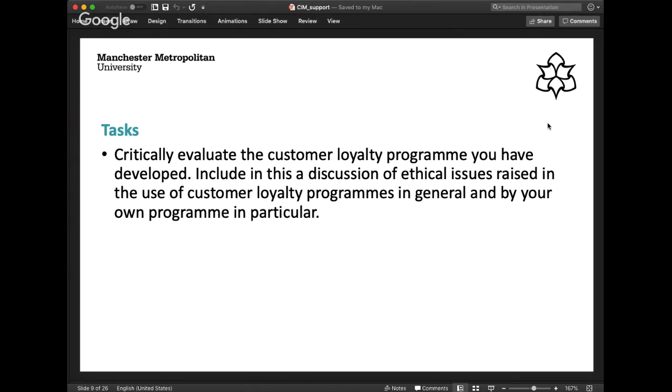You've then got 25% of your marks going to an explanation of the program on its customers and the paid promotion and the customer value calculated and analysed. So that's going to be around another 800 words. And then your final 600 words will be your evaluation of your customer loyalty program and the ethics around it.